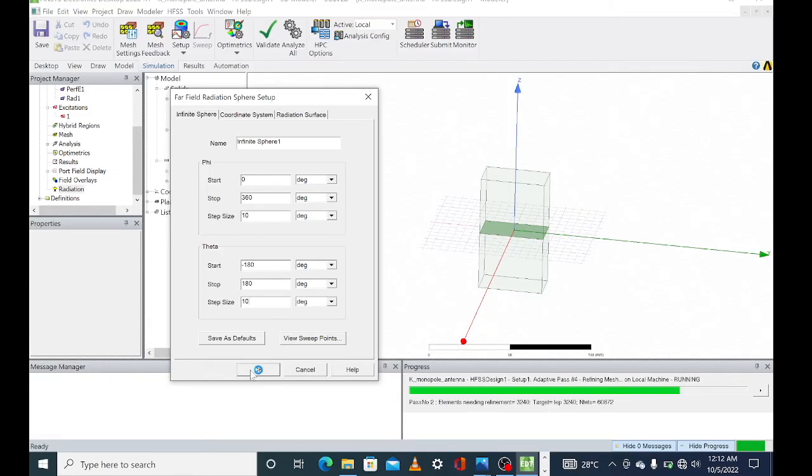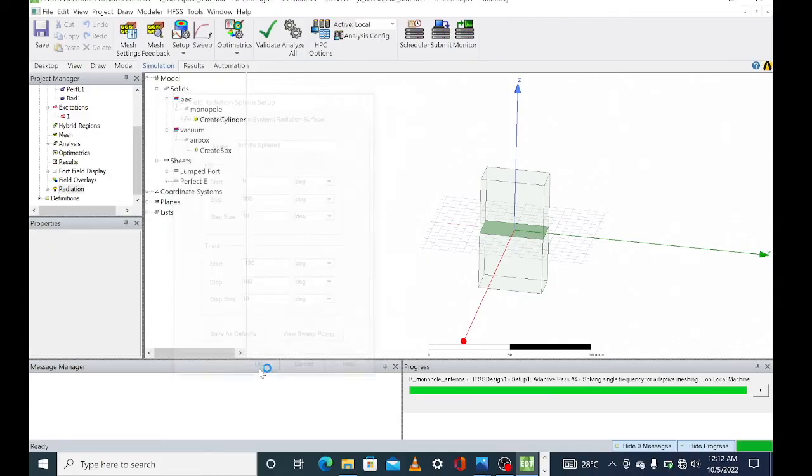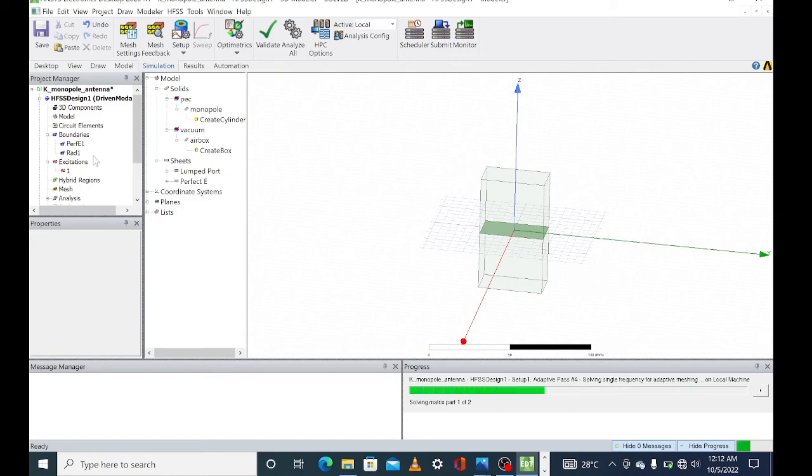Everything is okay. So I'm waiting for the simulation to be ready. So when we plot our results, check the performance of the monopole antenna.